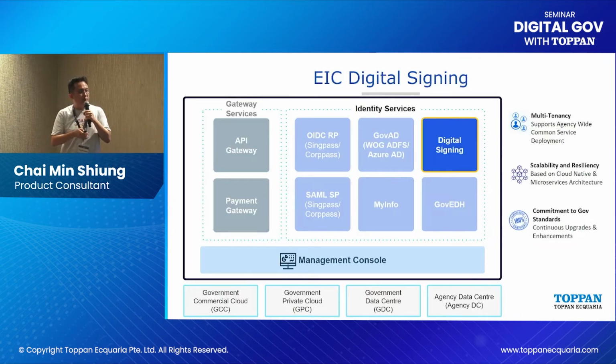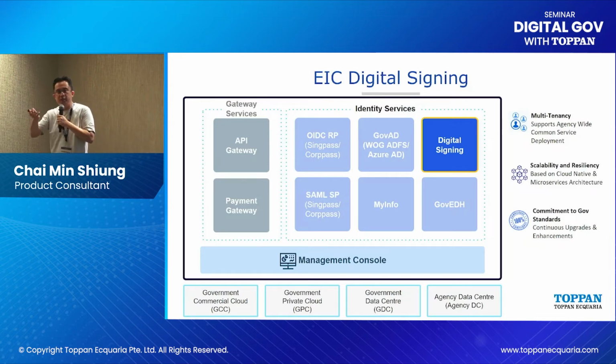All right. The last product I'm going to talk about under the identity service banner is digital signing. As part of NDI's Smart Nation project, the government has introduced Sign with SingPass. Later we'll watch a video. It is essentially to allow your users to sign documents, transactions, legal documents and agreements using their SingPass mobile app.